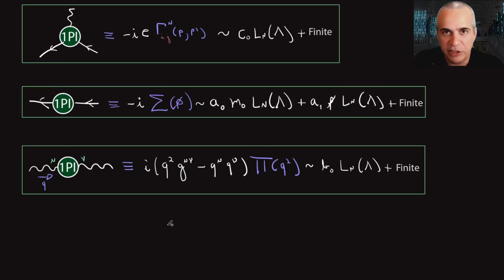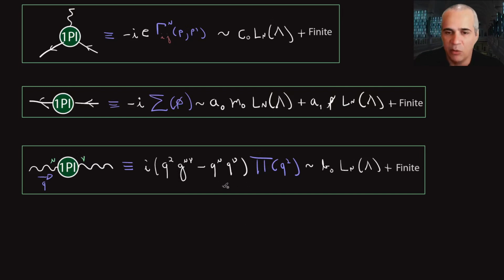So the position of the electron pole, which is the mass of the electron, the residue for that pole, the position for the mass of the photon, and the residue of that pole. So in principle, you could have 5 conditions, physical definitions, and you only have 4 divergences, right? But there's one more consequence of this form right here that we didn't explore yet.